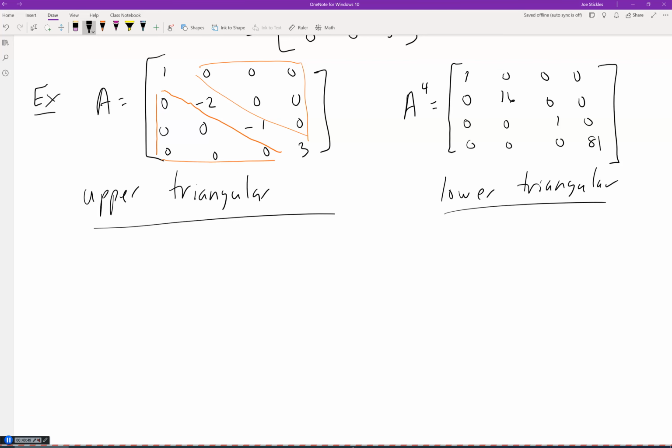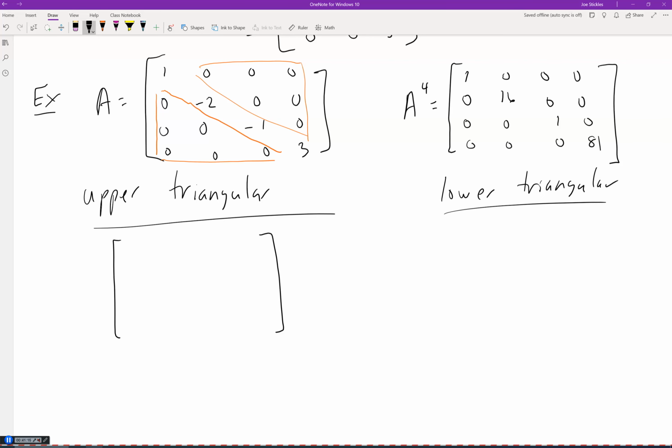So one that might be upper triangular, again, these have to be square if you're going to be triangular to begin with. They have to be square. So for upper triangular, that means that thinking about the main diagonal, if you will, as a dividing line, the only places where you can have non-zero entries are on the main diagonal or above.